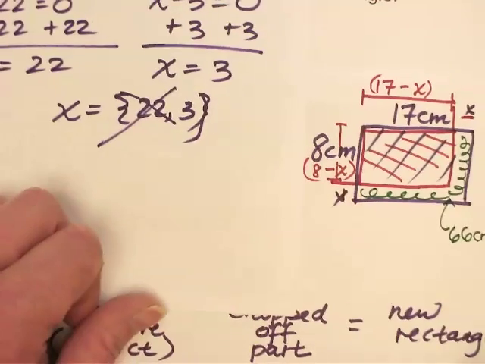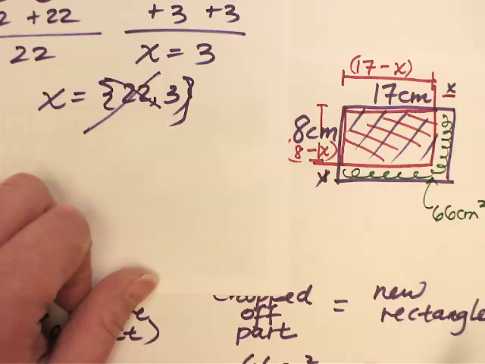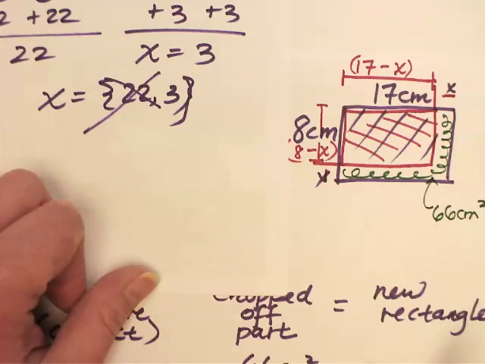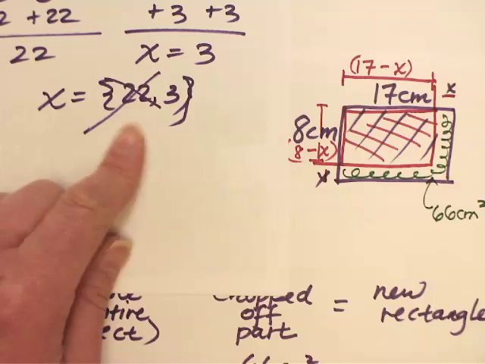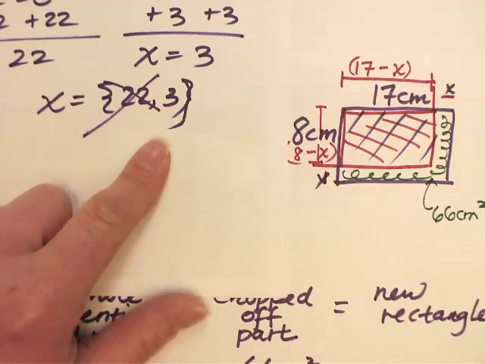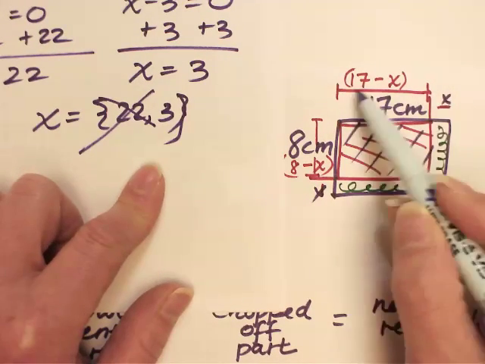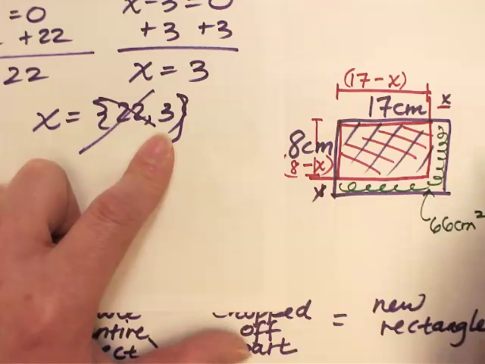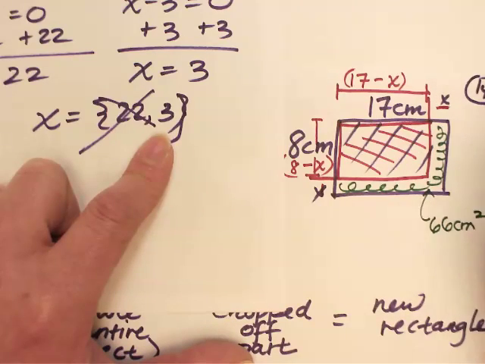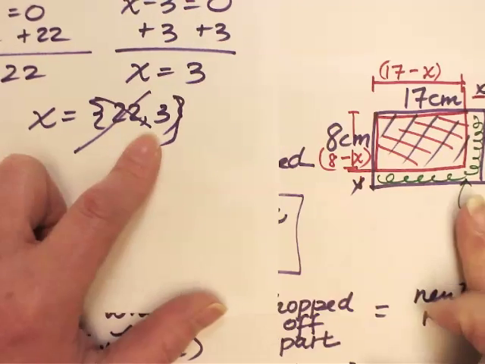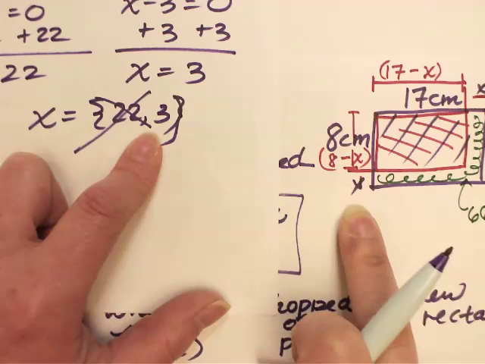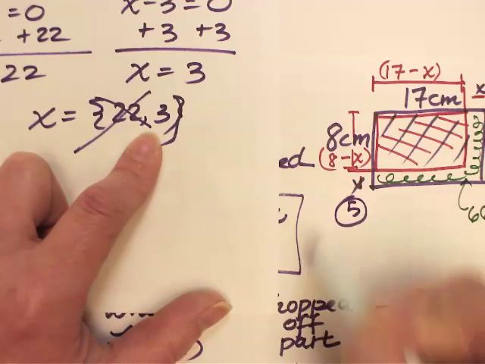Okay, and this is why it's important we check, because you may find out one of your answers or both of them might not work. If both of them don't work, you would write no solution. But in this case, 22 doesn't work. What about 3? If I try 3, 3 in here would give me a new length here of 14. So 14 would be my new length this way. And if I had this side as a chopped off a 3, I would have a new length of 5 this way.